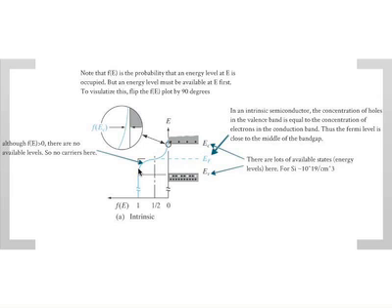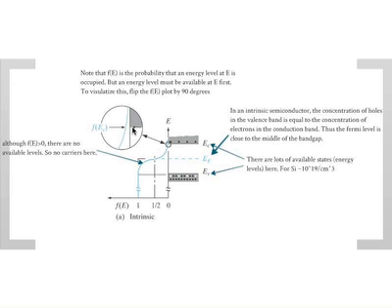Now, of course, there are available energy states up here and down here. Up here, there are conduction band states. Down here, there are valence band states. So, if you look at this little inset here, which is magnified up here, the number of carriers here can be calculated very easily.